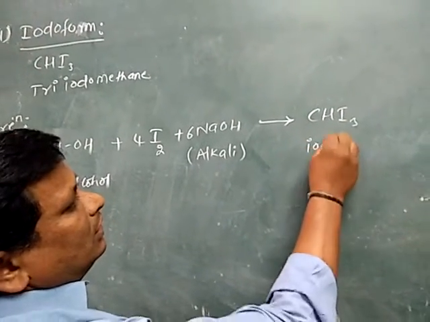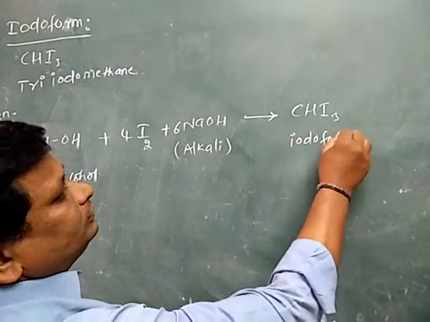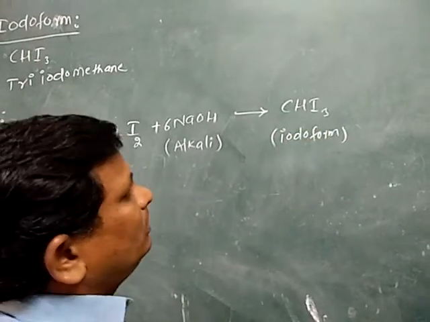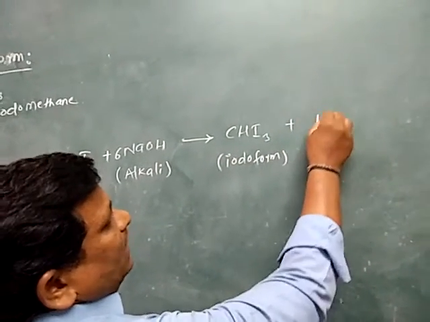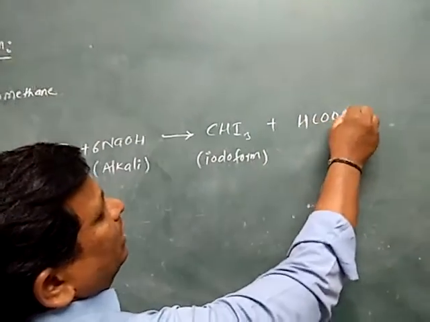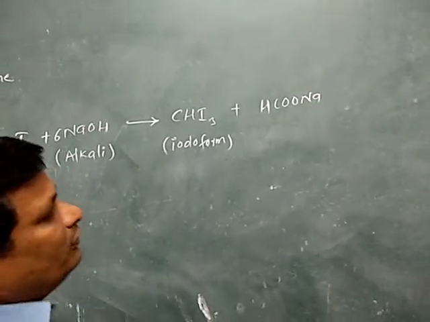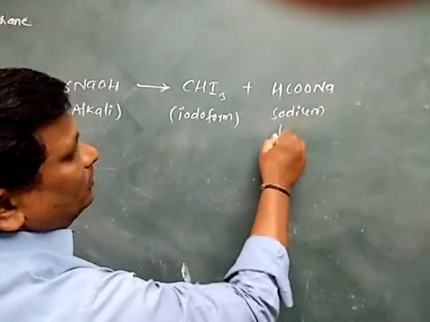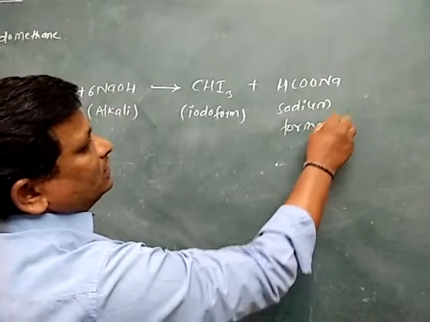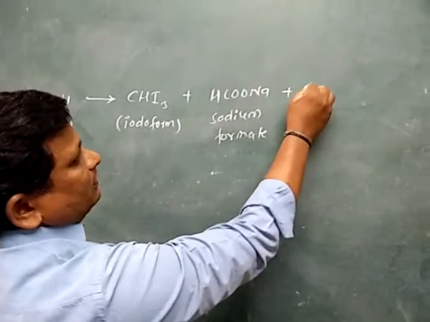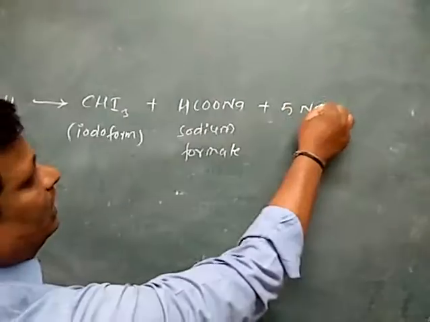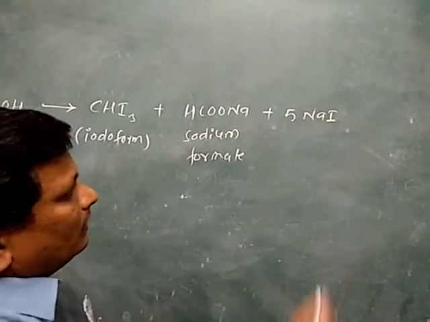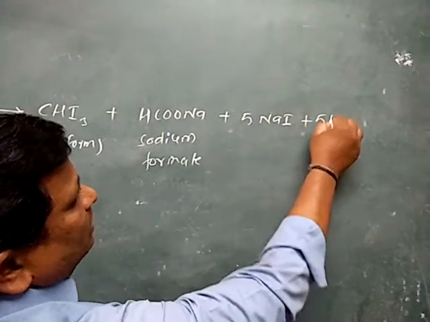CHI3, iodoform, plus HCOONa, sodium formate, plus 5 moles of NaI plus 5 moles of water.